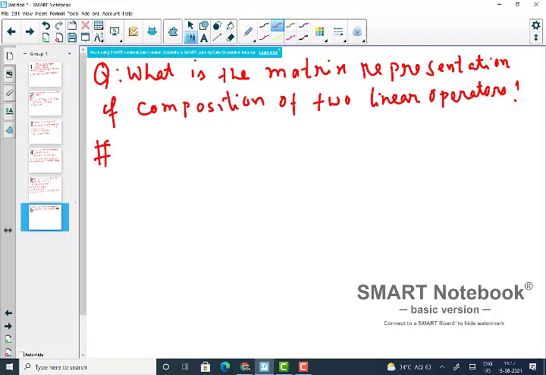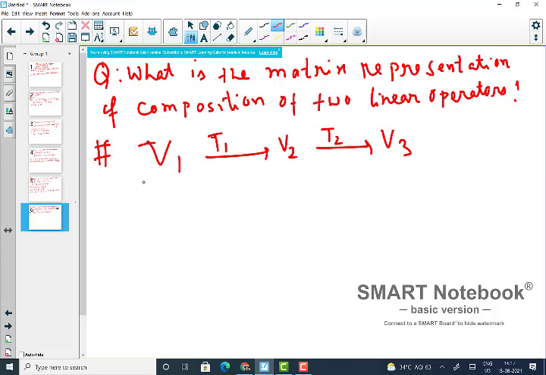So I'm assuming these three vector spaces are V1, and then you use T1 to go to V2, and then use T2 to go to V3. These are linear operators T1, T2.